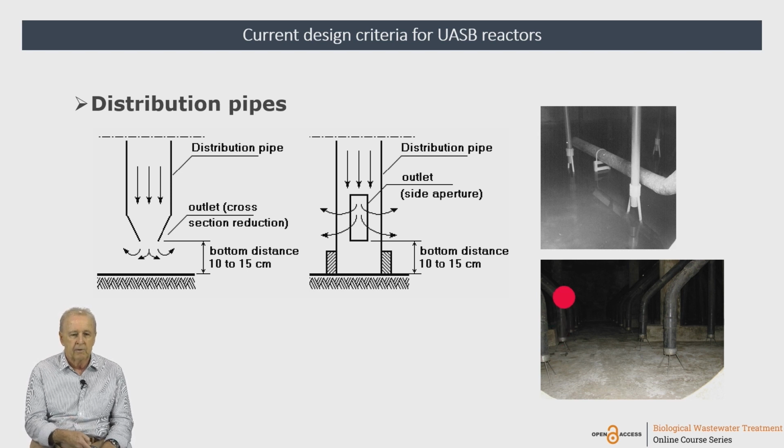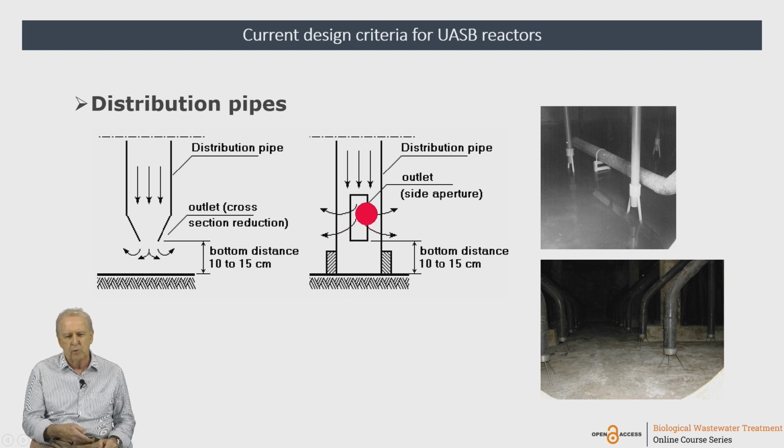And here, some possibilities of distribution pipes. Usually they are installed 10 to 15 centimeters above the lower part of the reactor, exactly to distribute the wastewater, the organic matter, to have good contact with the sludge that is around here.